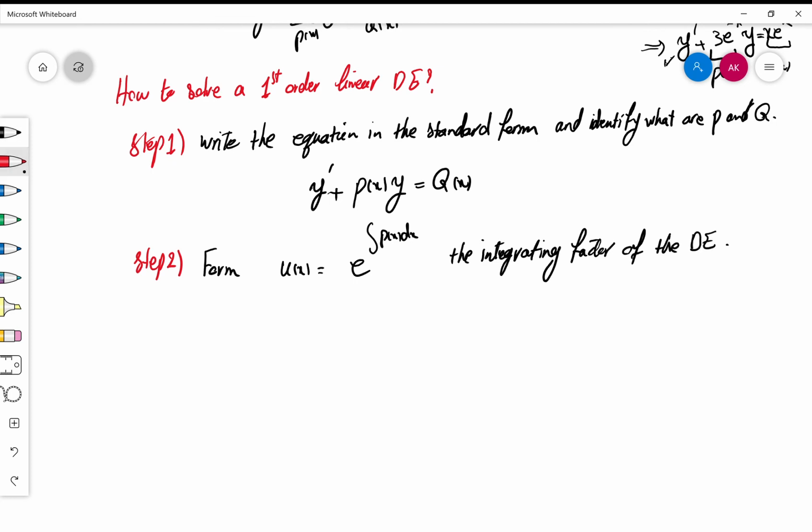This is something that we will use in the next step to find the solution, but you have to know it by itself. If someone gives you the first order linear differential equation in the standard form, the integrating factor is e to the power integral of p(x) dx.